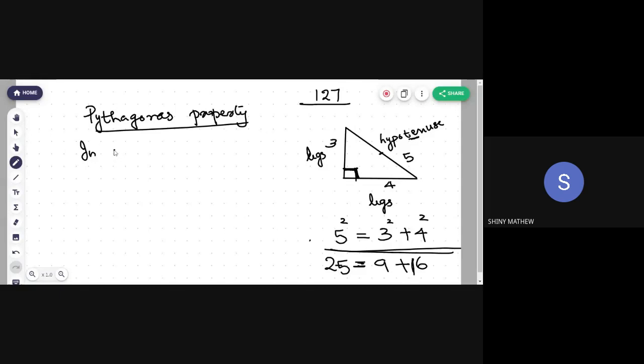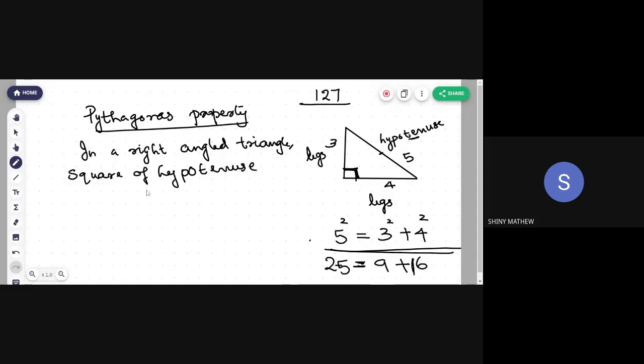Then here you can write the property. That is very important. In a right angled triangle, square of hypotenuse is equal to sum of the squares of legs.